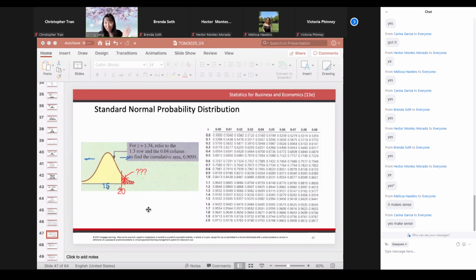Like the left-hand area, the right-hand area, right? The situation where we're okay, and the situation where we're not okay. We all understand that, like when I draw it on the curve. Yes? Good, good. Everyone else? Brenda, Melissa, good.